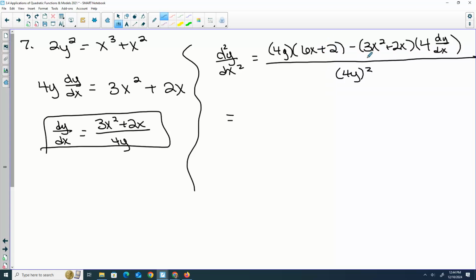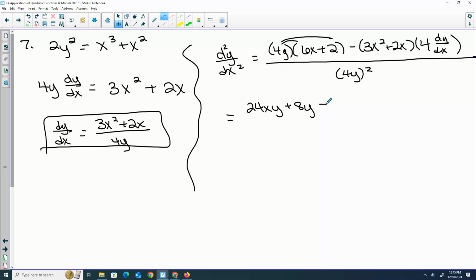Okay. I had a lot of people asking, do I have to multiply this stuff all out? You don't necessarily have to. I did on mine. It's kind of up to you. If I want to distribute my 4y through, that's not a big deal. So that's 24xy plus 8y.